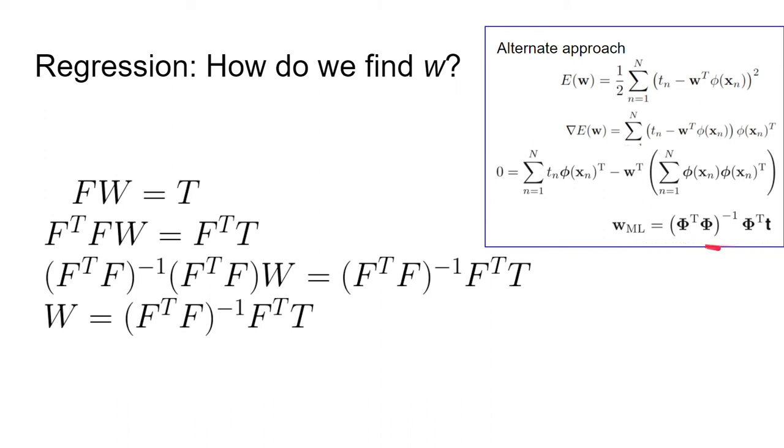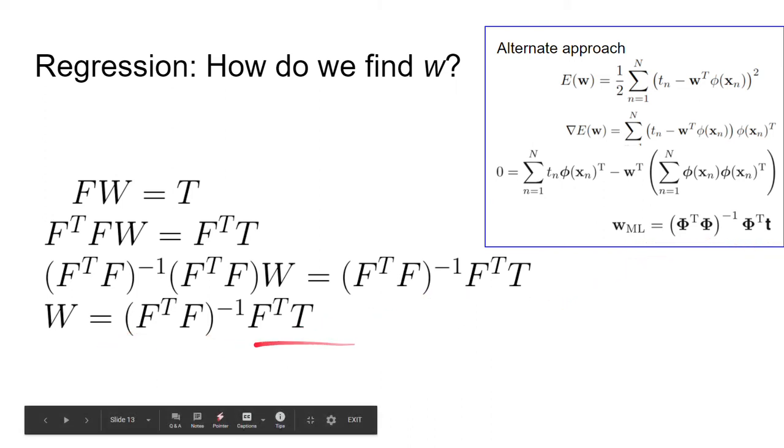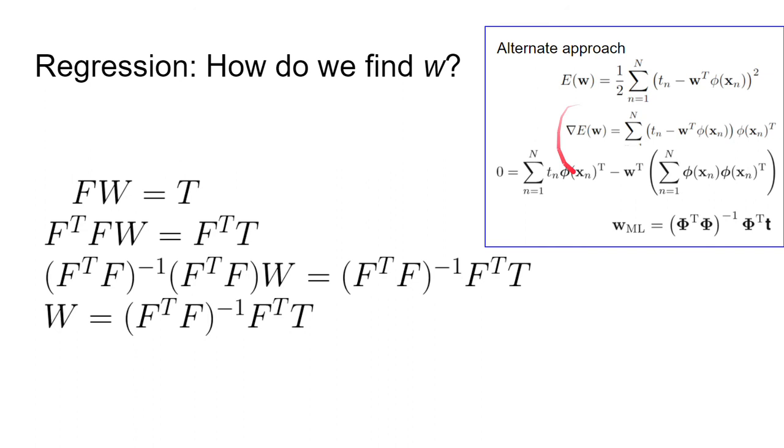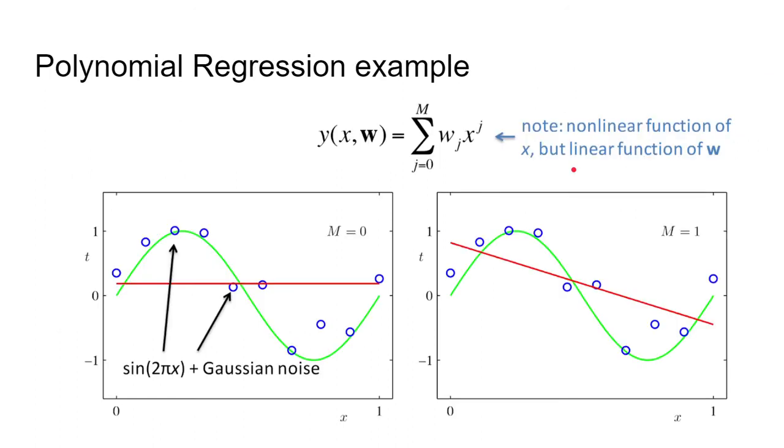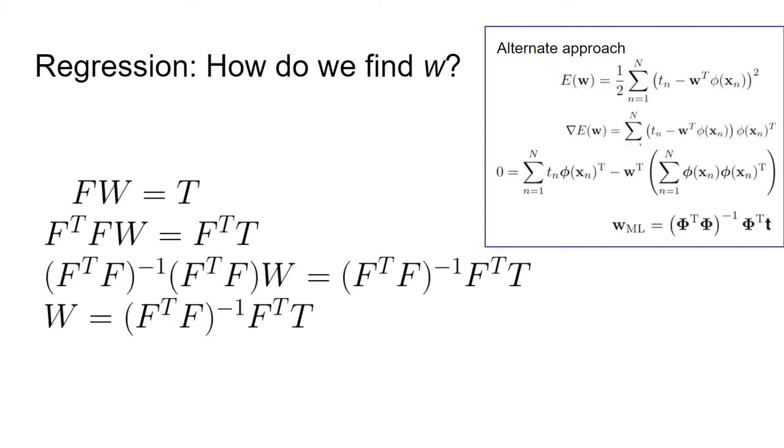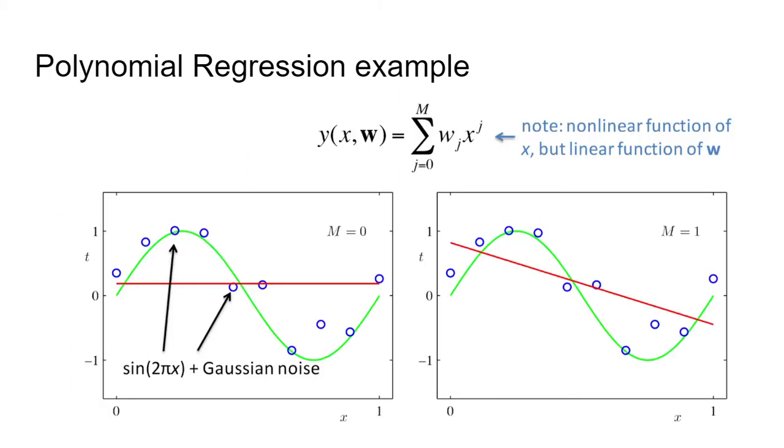It's the same answer, but this is the correct way to do it. In any case, that's standard. This is least squares minimization, the standard regression approach. And if you do that, you can just directly solve for these weights.